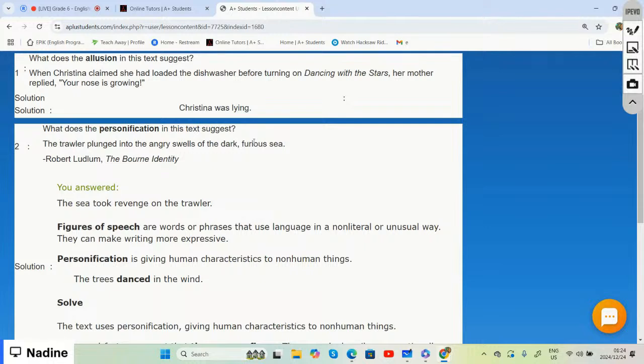That's giving human characteristics to a non-human thing.